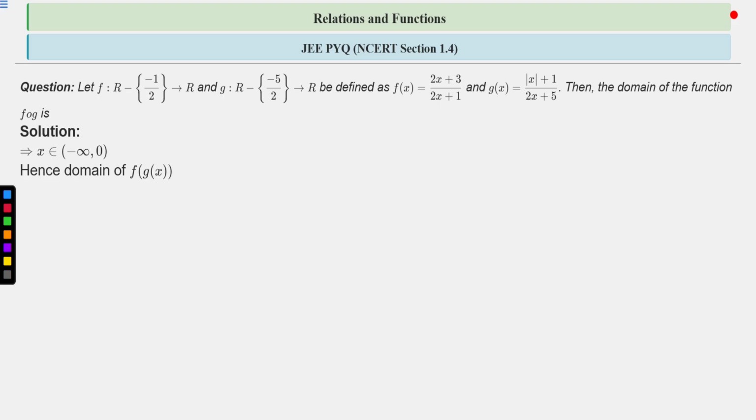Hence the domain of f(g(x)) is (-infinity, 0) union [0, infinity) except -5/2, right? So it will be all real values except -5/2. Clear?